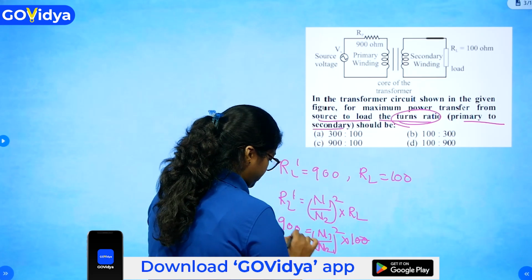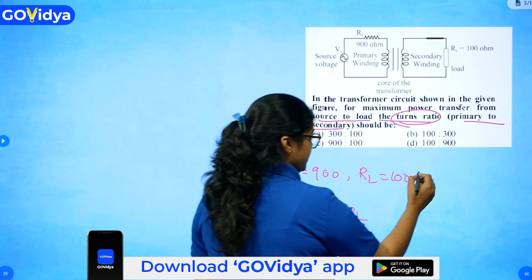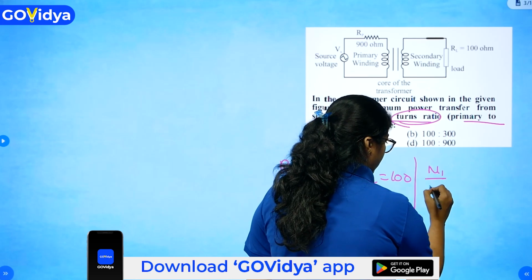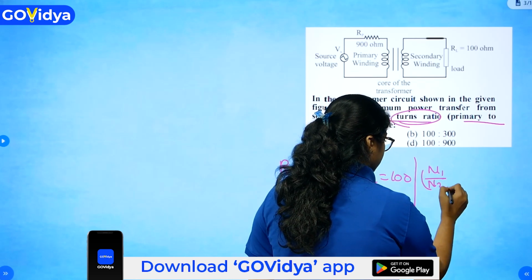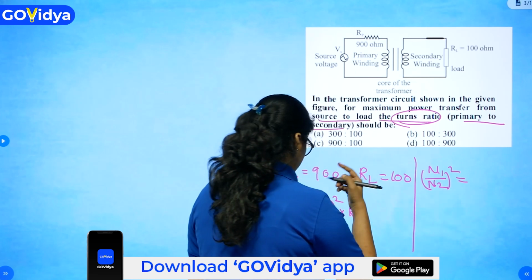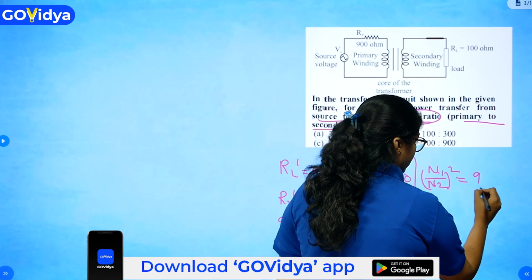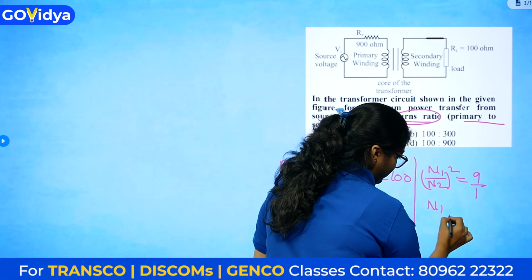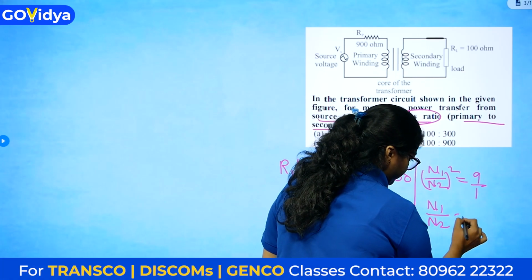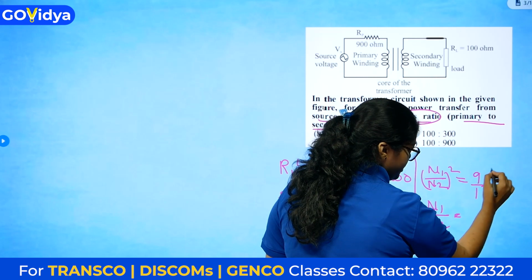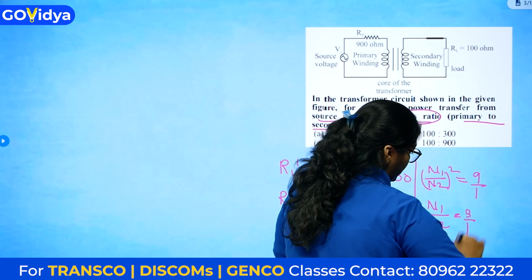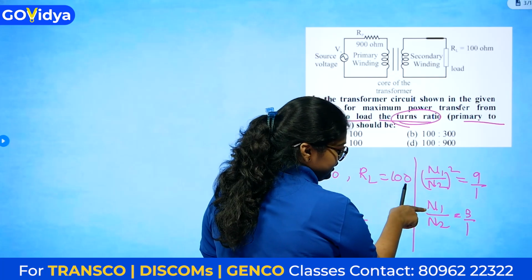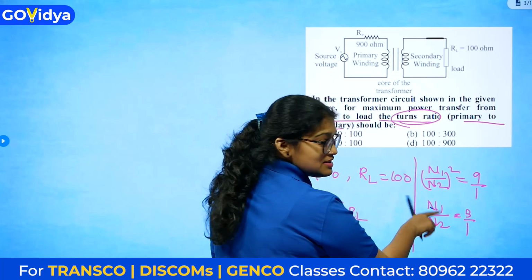So here the 2 zeros will be cancelled and we can write N1 by N2 whole square is equal to 9 by 1. Now squaring on both sides, as I am squaring this becomes the root, so N1 by N2 will become 3 by 1. They are asking in the question primary to secondary, so here N1 is the primary turn, N2 is the secondary turn.